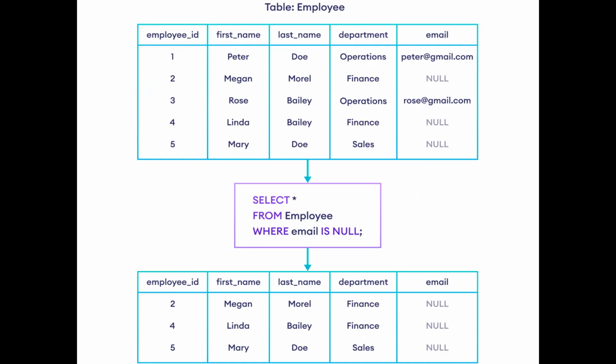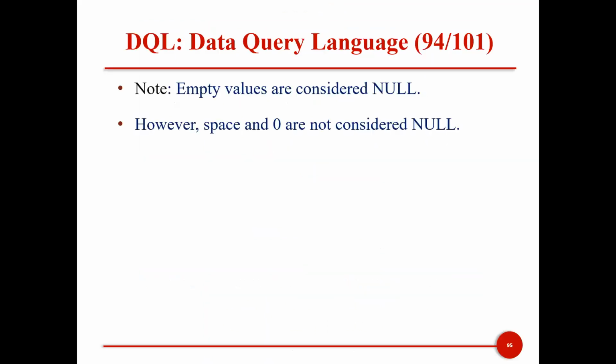Assuming that you want to retrieve only the records of all the employees whose email is null, you write the syntax: select all from employees where email is null. Then it will retrieve the records of all those employees whose email address is null. That's why it displays employees with employee ID 2, 4, and 5. I think this one is clear.